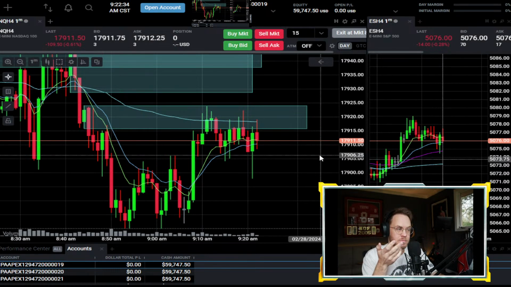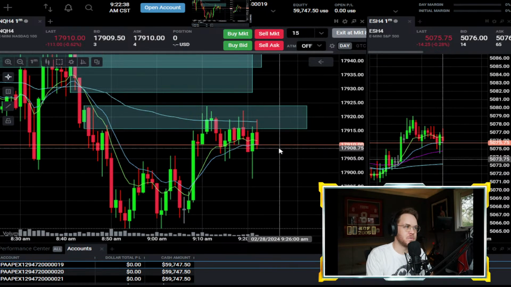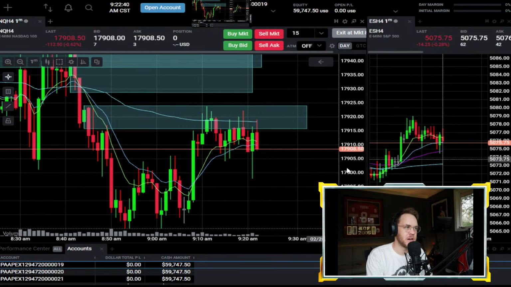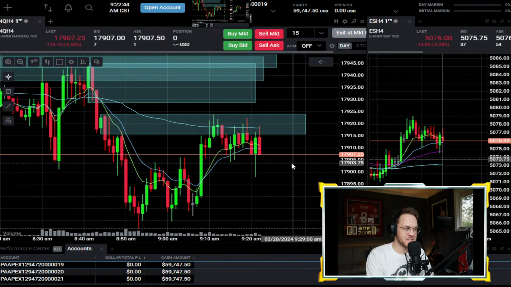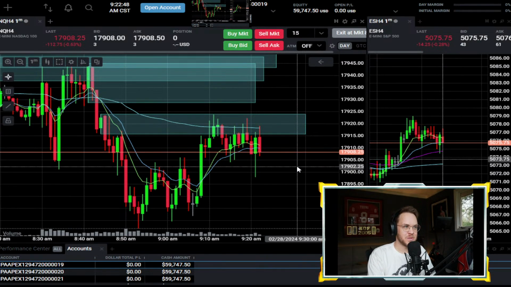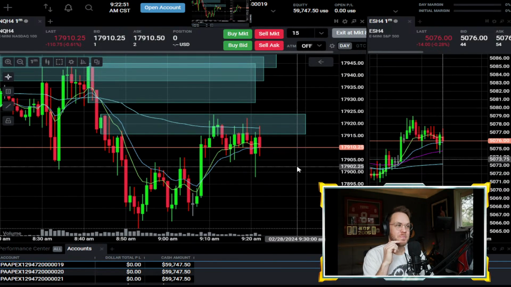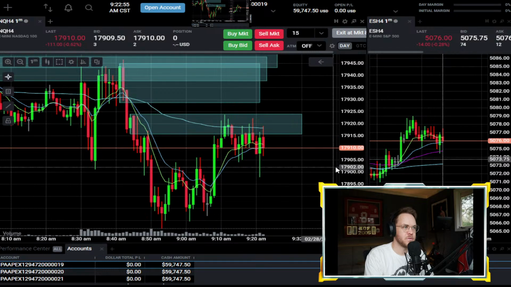This level might actually be a decent level to try to take a long. I don't trade longs though. That's my new policy for myself, I only take shorts. So I'm not going to mess with that. I want a little bit more confirmation of a downside move, and then I want to take that short.